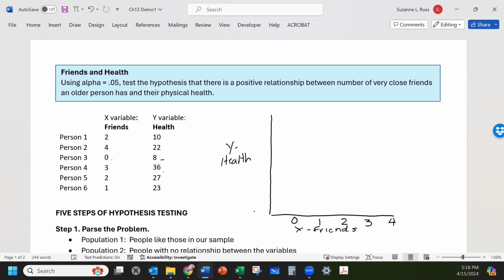And the next variable is health, which ranges from 8 up to 36. And I think that what I'm going to do is plot these in 4s once I plot this 8. So I'll put the 36 up here, and I'm going to go up to 12 kind of close here.